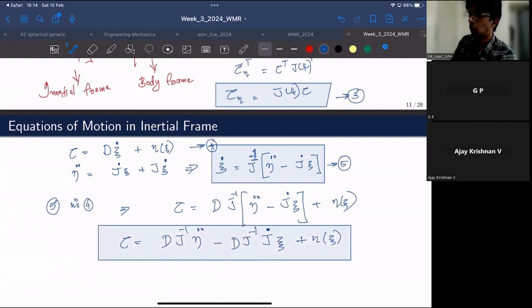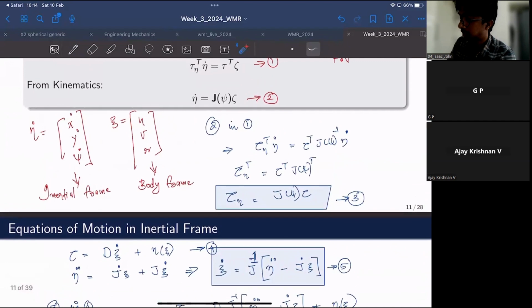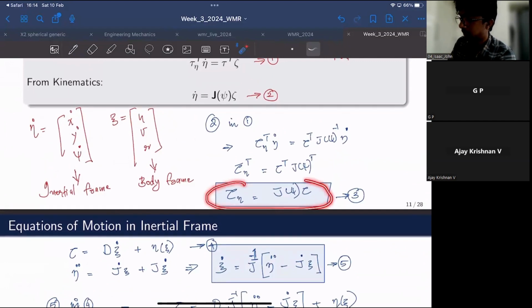Right? And we also know the mapping between this vector tau and this vector tau eta. So what will be tau?